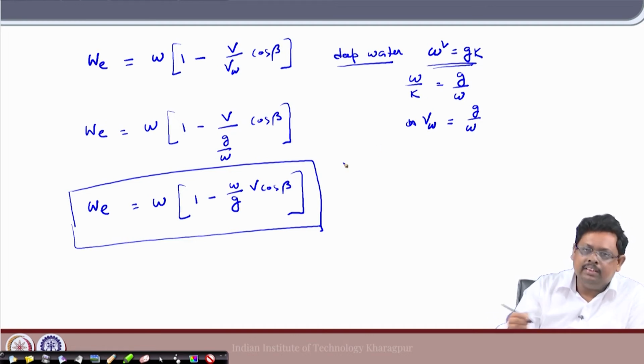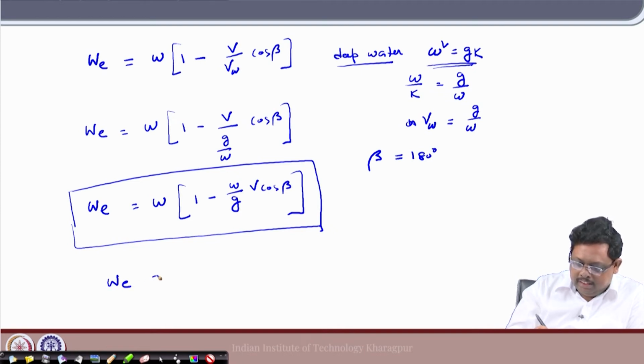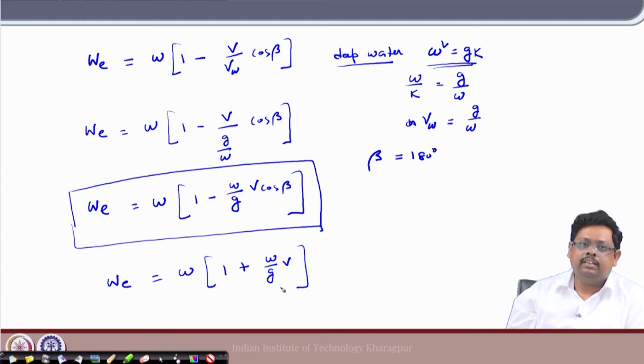Let us take the two extreme situations. When beta equals 180 degrees, what is happening? Then you can see omega e equals omega into 1 plus omega by g into v, because cos beta equals minus 1.